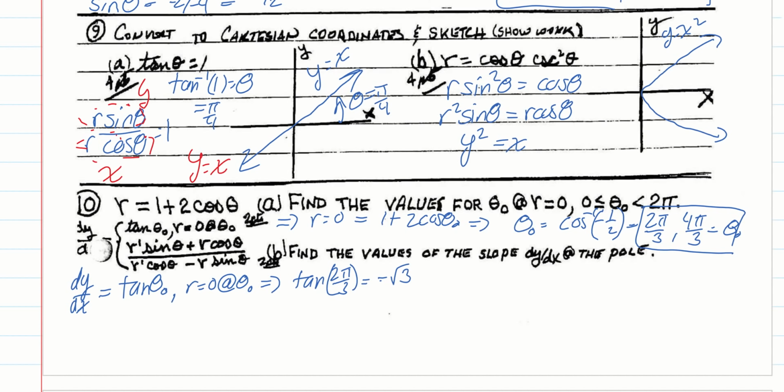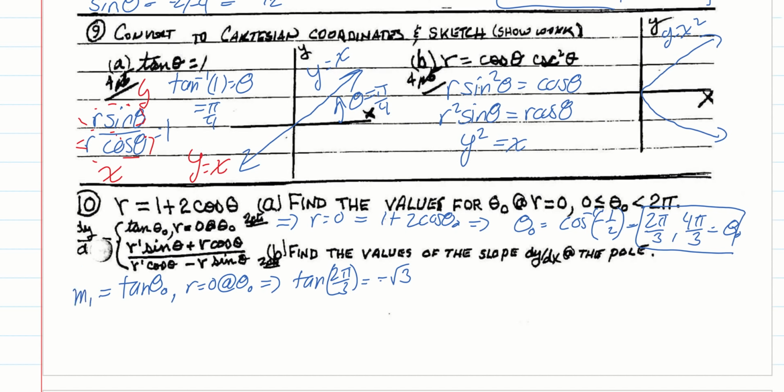So this is slope, and we have to be careful. This is slope 1, so I want to call this M1, because again, we have two different cases. They have M2, which is whenever theta naught is 4 pi over 3, and this is going to equal positive square root of 3. That's all you have to do.